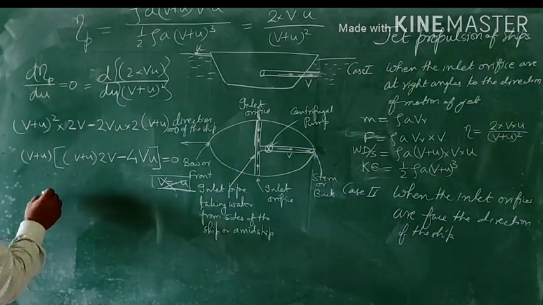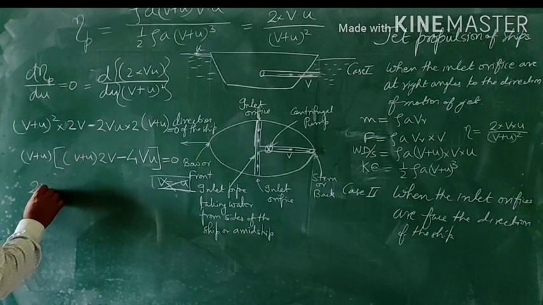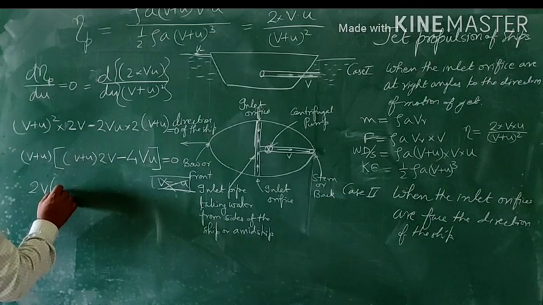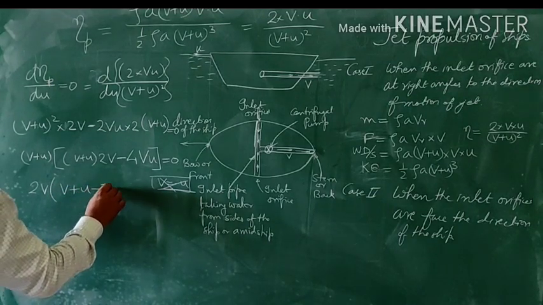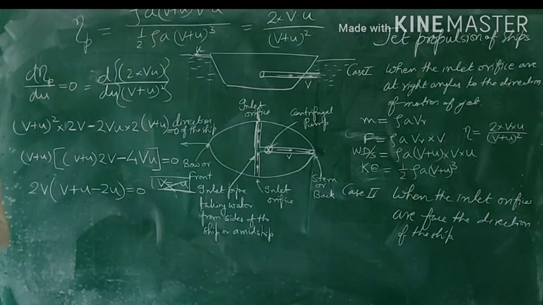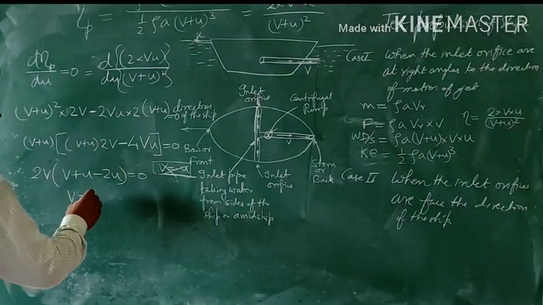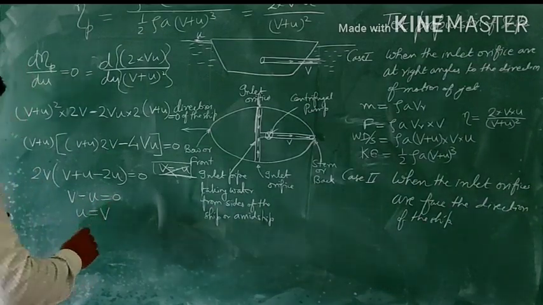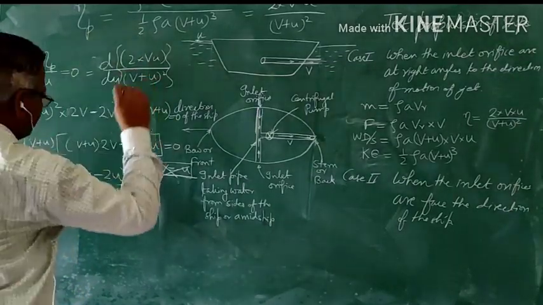Taking 2V out, we get V plus U minus 2U equals 0. V cannot be 0, so V plus U minus 2U should be 0. From this, V minus U equals 0, or U should be equal to V. So if U is equal to V, then we will have the maximum efficiency.